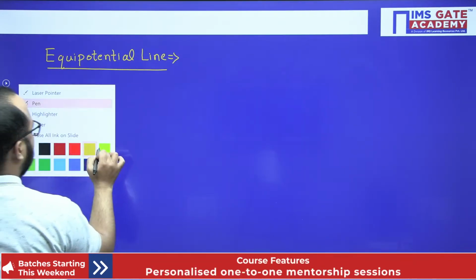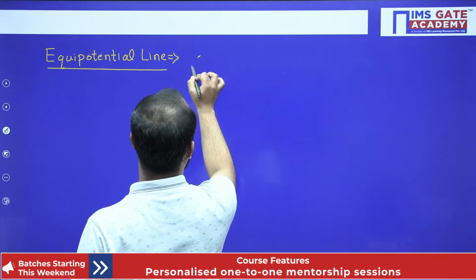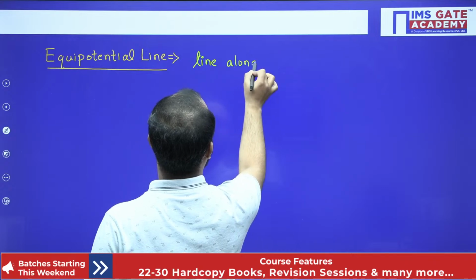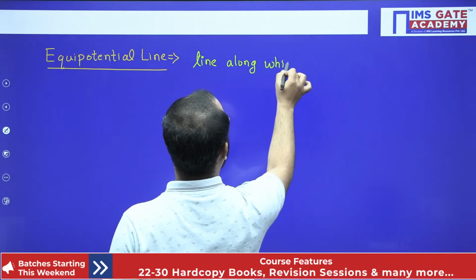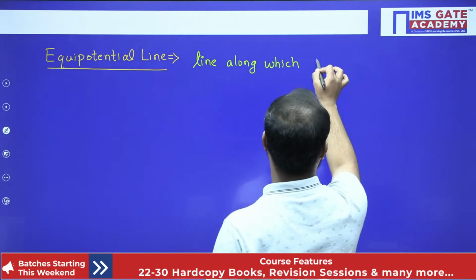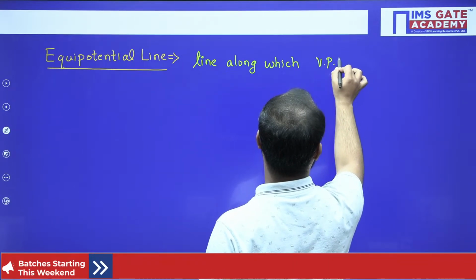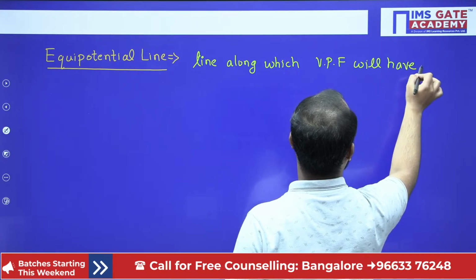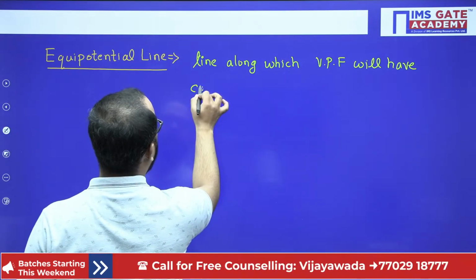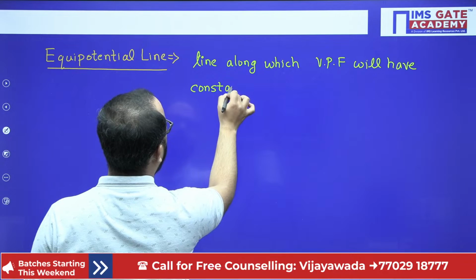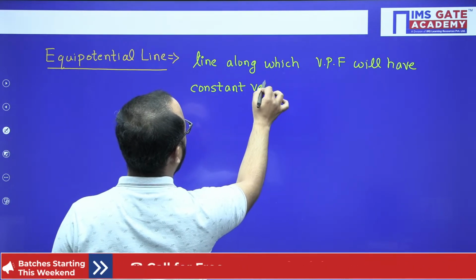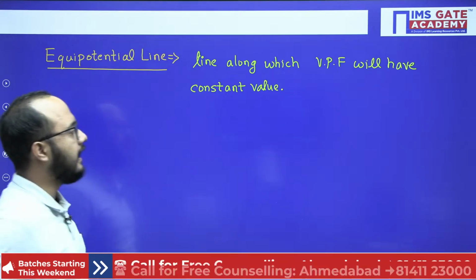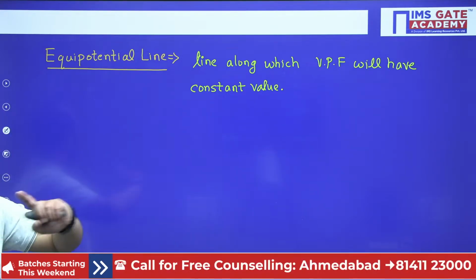What is an equipotential line? A line along which the velocity potential function will have a constant value, right? The line along which VPF will have a constant value.